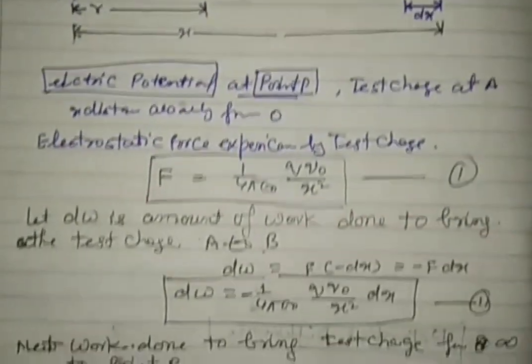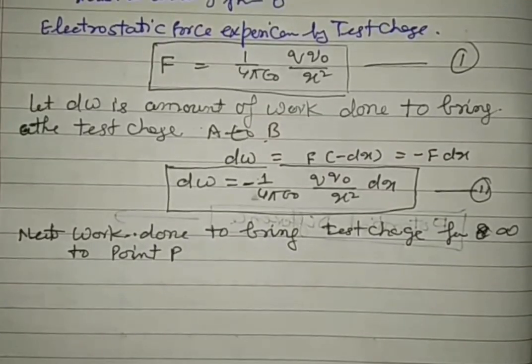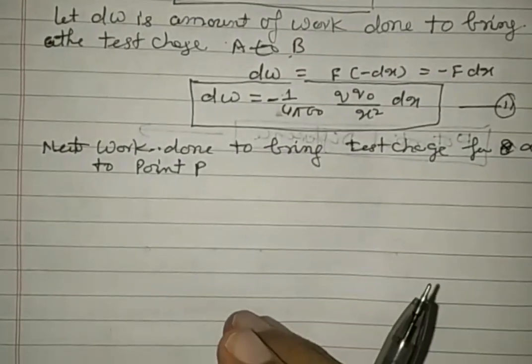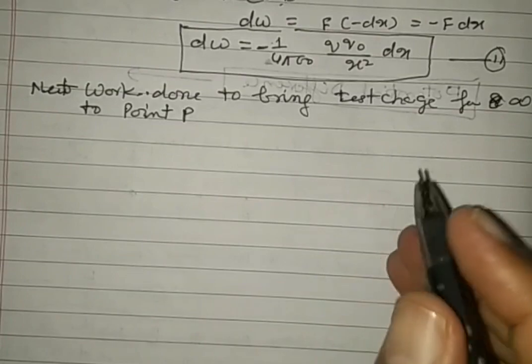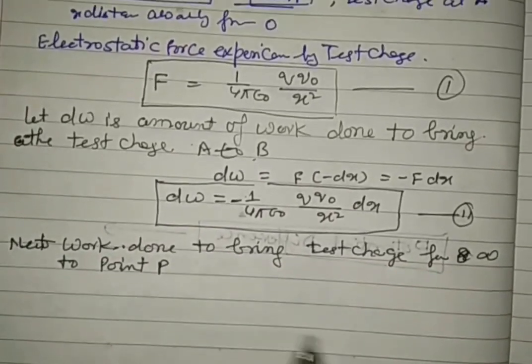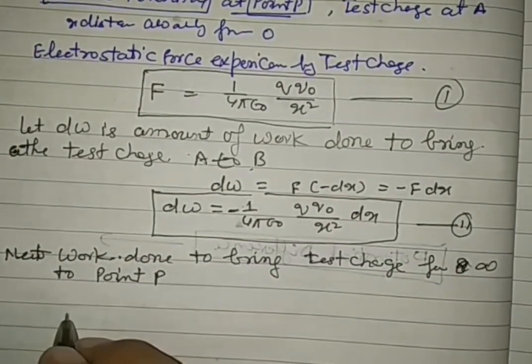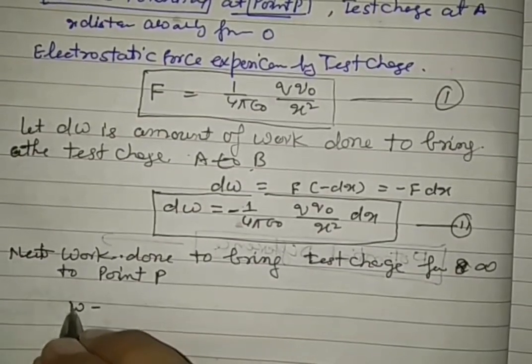That is why we are calculating the work, and we will translate this work done in the form of electric potential. Clear to all?